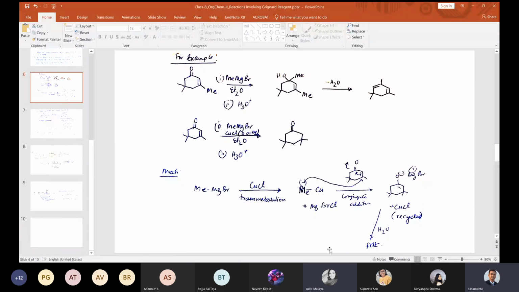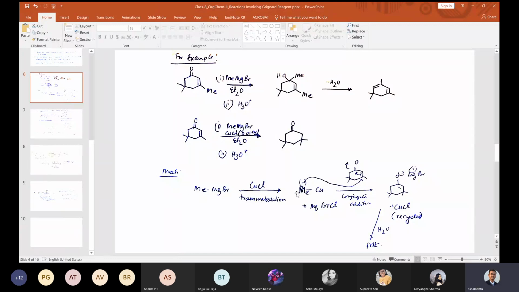You take CuCl here, and then you take methyl magnesium bromide, and then here it forms MgBr2. Generally, you will see that MgBr2 or MgCl2, these are a bit more stable. So the CuMe formation, the methyl copper or organocopper reagent formation, takes place the way it forms methyl magnesium bromide.